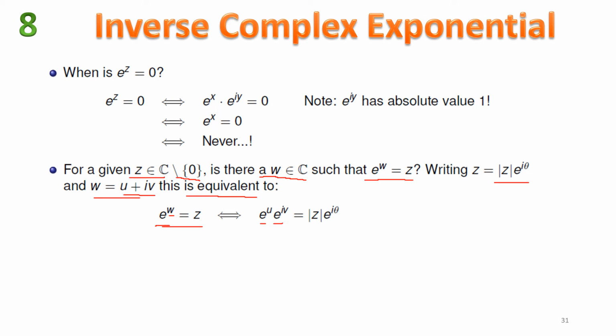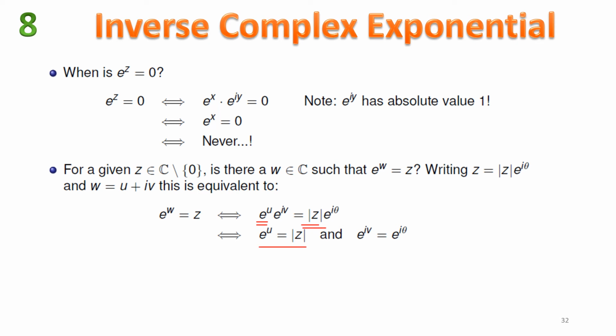Now we want to equate these two numbers. When two numbers are in polar form, they are equal when their radial part is equal and the argument part is also equal. So for that equality, we write e to the u is equal to mod of z. This is for the radial equivalence, and for the angular, argument equivalence, we have e to the iv is equal to e to the i theta. So obviously this v you can write as theta plus 2 pi k.